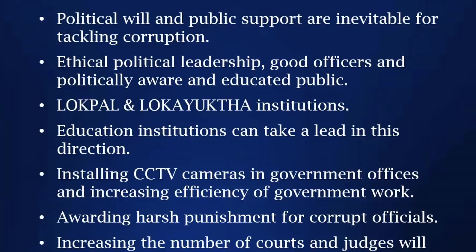The most important aspect to solve the problem of corruption is that there must be total political willpower, supported by public support. So, political will and the support of the public are very essential for tackling the problem of corruption.